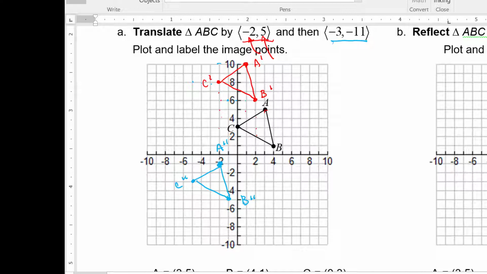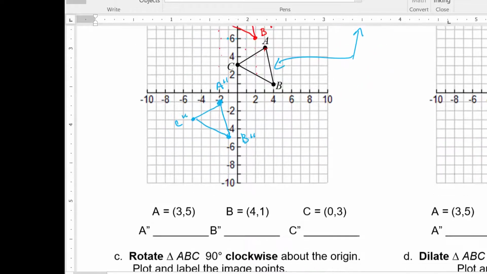If you notice, what I could have done here is combine these 2 vectors together. I could have just taken the x parts and added them together, -5, and then added the y's together and gotten -6, and just applied this vector on the original figure, and I would have gotten the same answer.